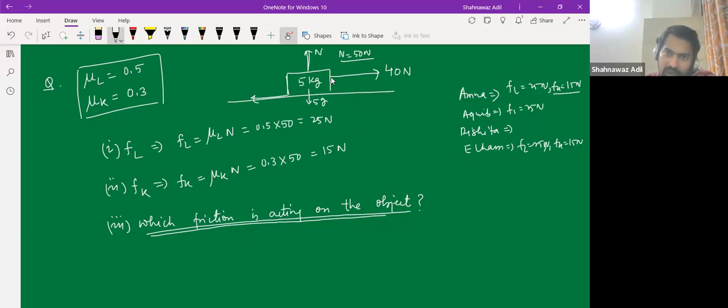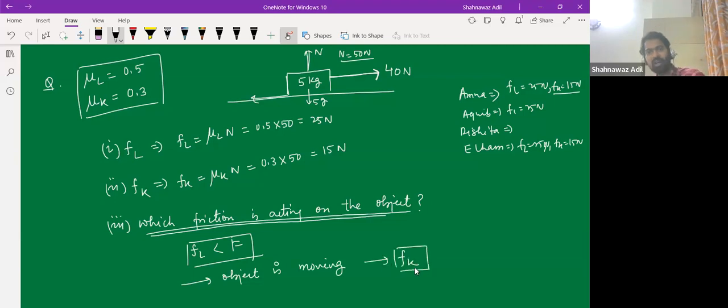The object is pulled by 40 Newton, so FL is smaller than F. So it's moving, which means it's kinetic friction. Absolutely right. The object is moving, which means it is experiencing FK. Okay, understood everyone?